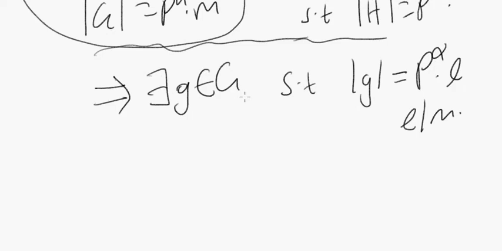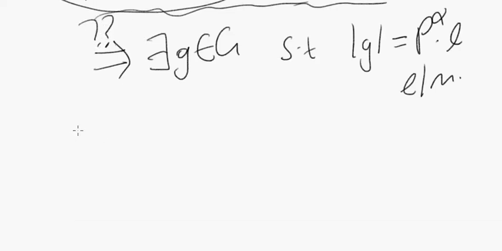But this still begs the question: how can we prove that there's an element little g in G whose order is p to the alpha times L? How do we know this? So at the moment we're genuinely confused. We don't know.